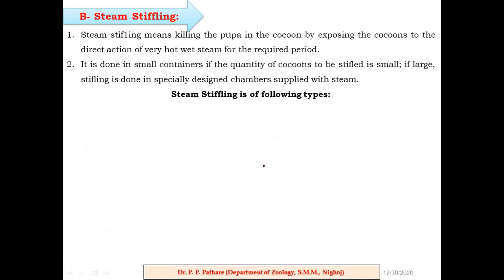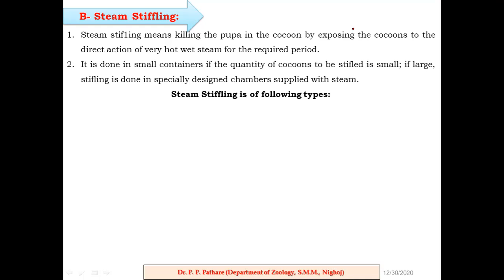Next one, that is steam stifling. Steam stifling is a process of killing the pupa inside the cocoon by exposing the cocoon directly to hot wet steam for the required period. This period is sufficient to kill the pupa inside the cocoon.